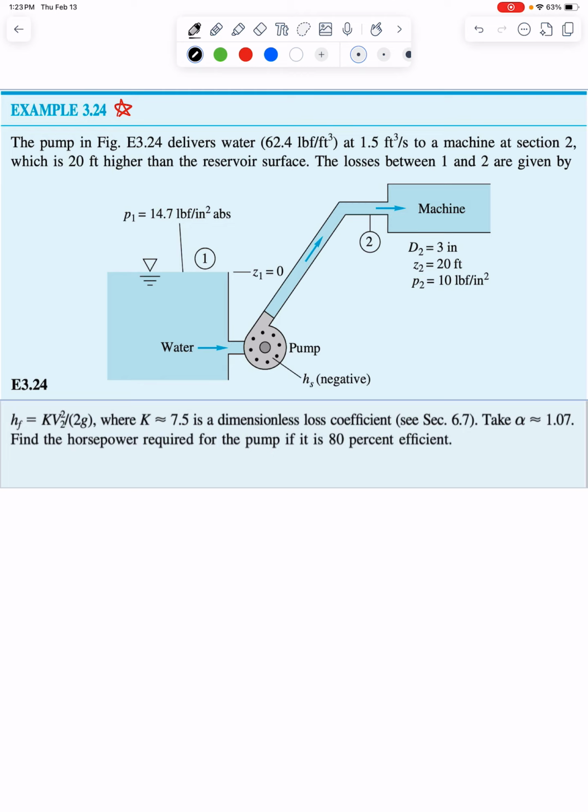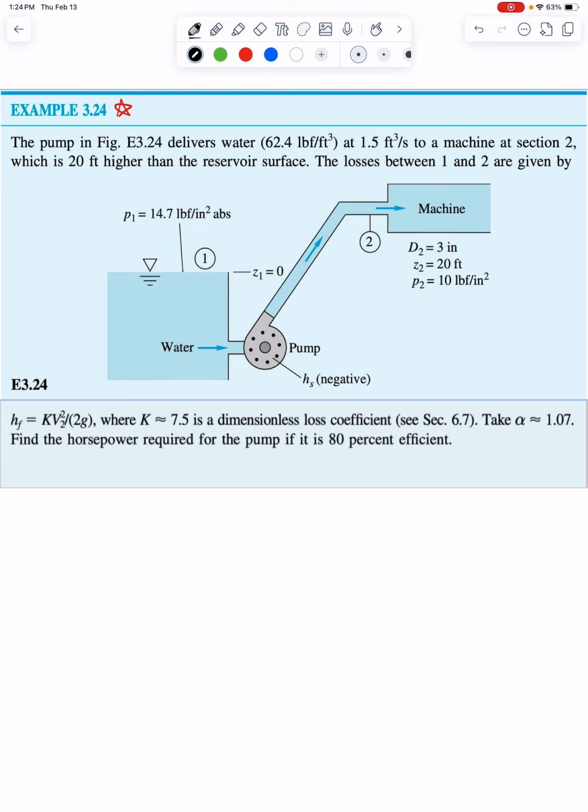And we're given that the loss between points 1 and 2, which is head loss due to friction, as a multiplier, a factor of the velocity head. This factor is K, and we're told that basically head loss is 7.5 times the velocity head value, much less than 1,000, which is what we saw earlier.